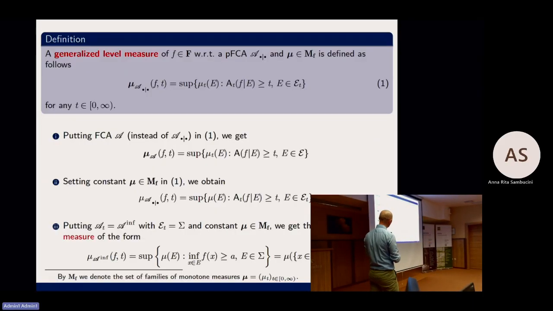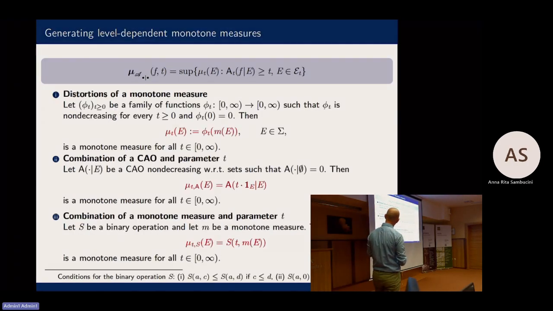And now we would like to know its properties. Properties should be related to properties of all the ingredients, of course. So the first thing: how can we generate new level-dependent monotone measures?